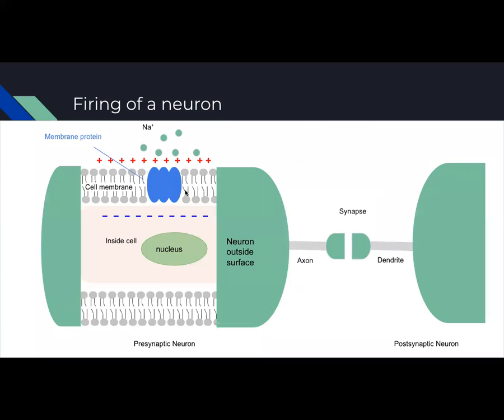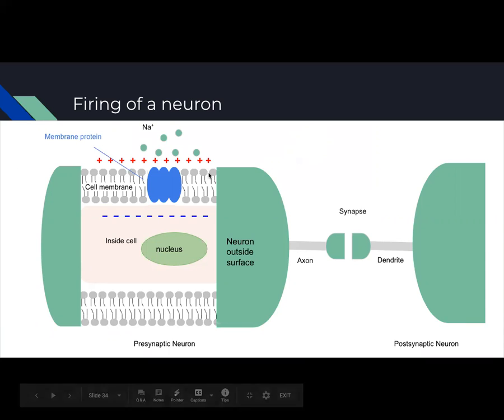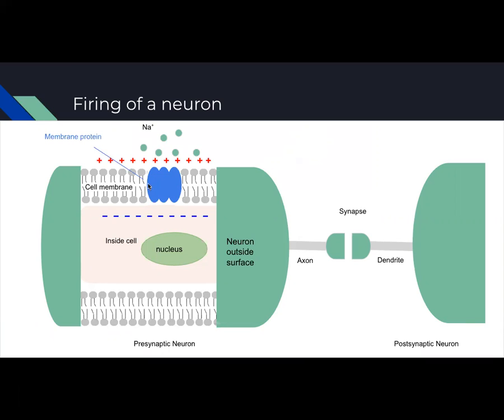This is just another way of viewing the same concept. This is, again, the presynaptic neuron. This is the postsynaptic neuron. And we have a membrane protein inside of the neuron, which is blocking the entrance or exit of different ions.